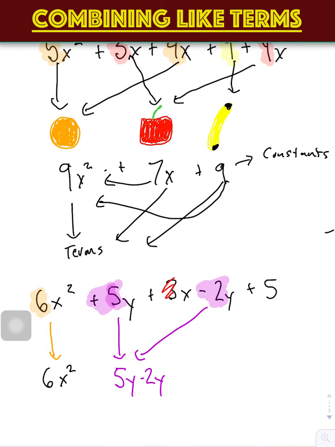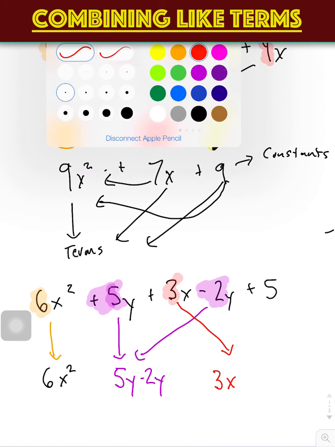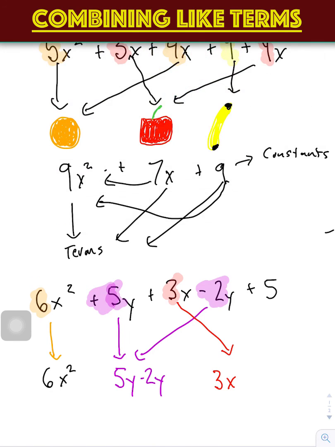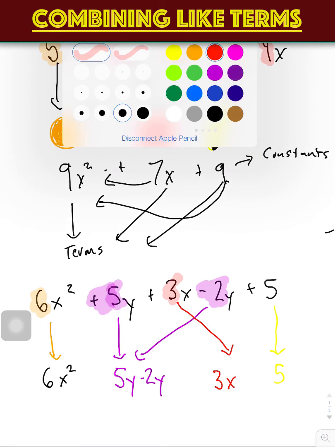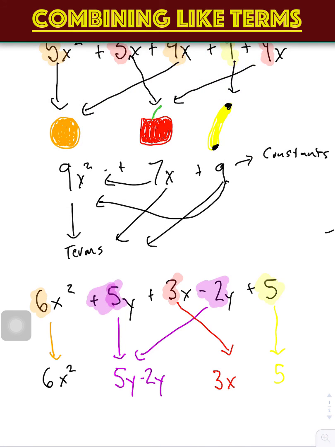In terms of our apples, we have 3 apples, 3x. And finally, to go back to our bananas, we just have 5. So that's our full expression after we combine like terms.